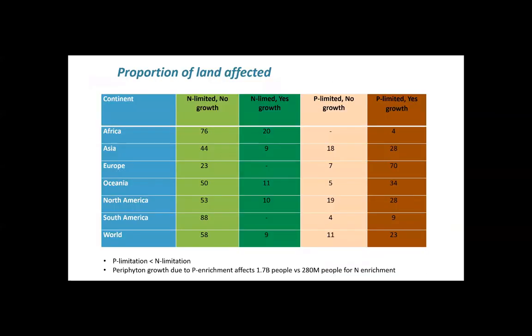But the take-home messages for these outputs are that it's much more prevalent to have nitrogen limitation than phosphorus limitation, but you'll be encouraged by the fact that where you do have phosphorus limitation and where there is excessive growth, many more people, in fact 1.7 billion as opposed to 280 million, are affected by it.